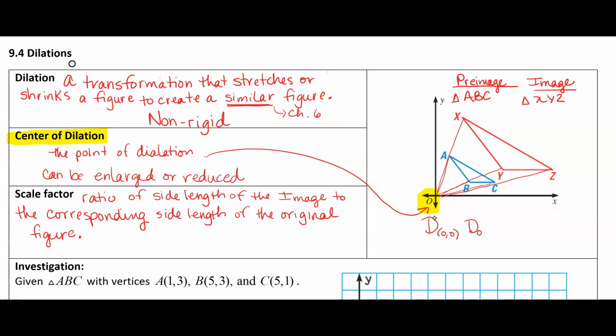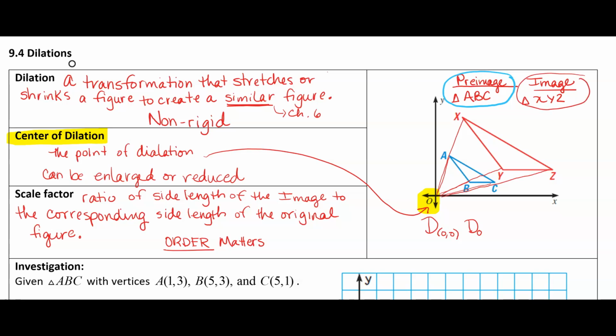Now, this is very important that you understand that order matters here. So if you notice in the definition, it says the image to the original figure. So up here at this picture, you can see we have the pre-image in blue, and then we have the image in red.